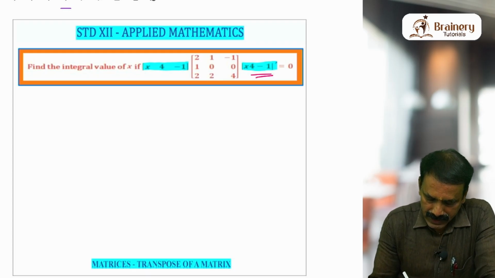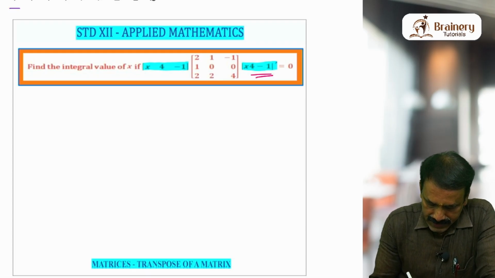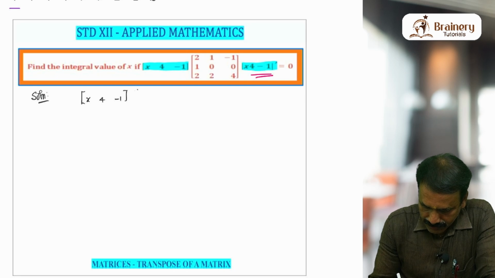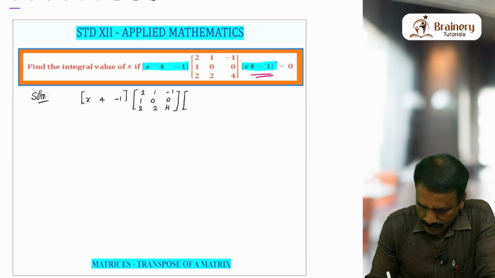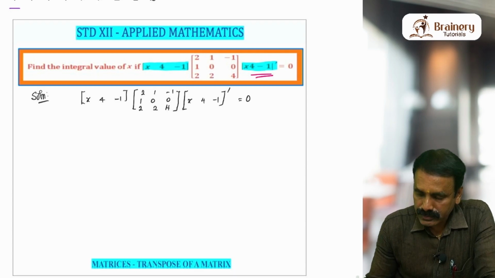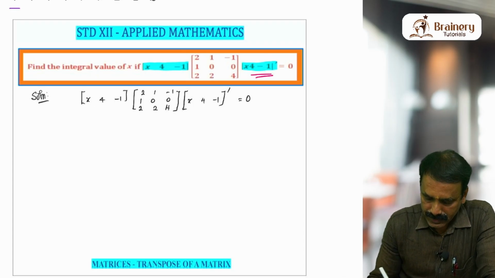So this equation will be rewritten as x 4 minus 1 multiplied with 2 1 minus 1 1 0 0 2 2 4 and x 4 minus 1 whole dash is equal to 0. Okay.